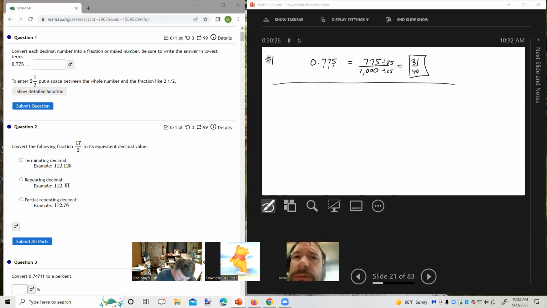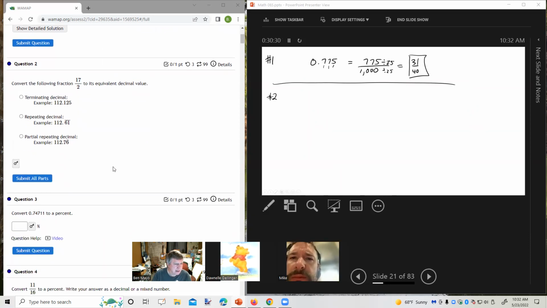All right, question number 2 says, convert the following fraction, 17 halves, to its equivalent decimal value. If we take 17 divided by 2, it goes in 8 times with a remainder of 1. Wait a second though, it says to convert it into its decimal value.